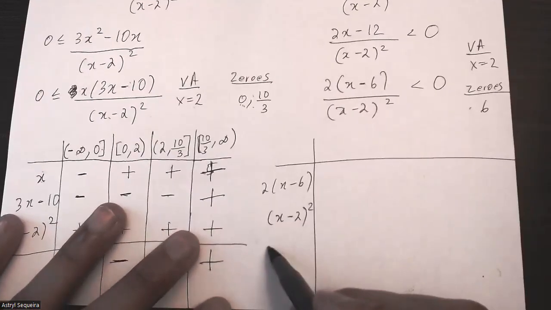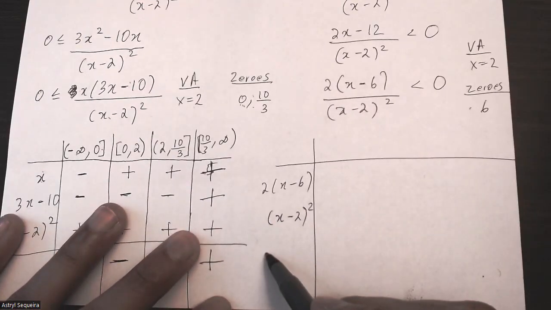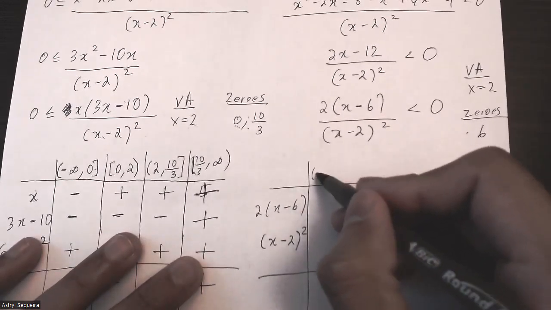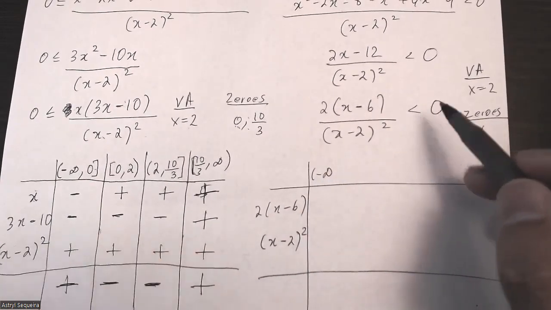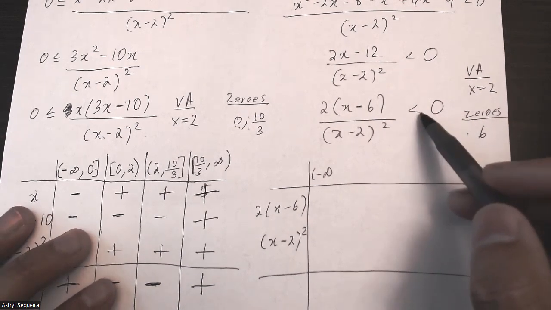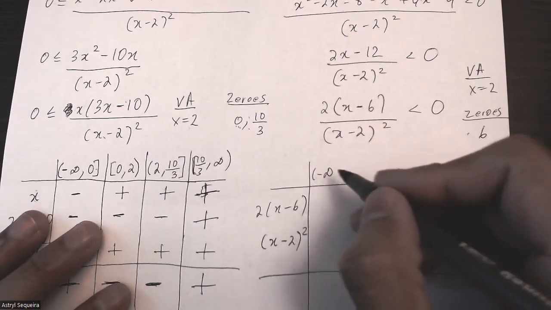Multiple different ways this can be done again, but I'm just going to do it in this way because I find it the simplest. So I'm going to start always at negative infinity. This sign is non-inclusive, so all my brackets are going to be round. Doesn't matter because there's no equal sign over here.